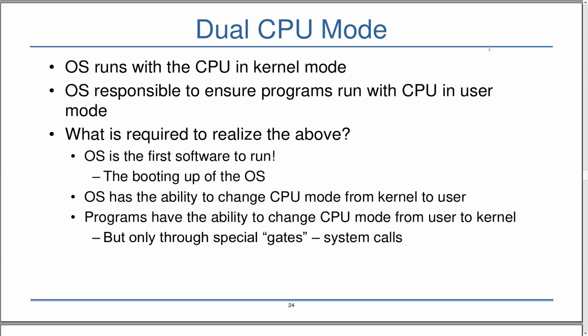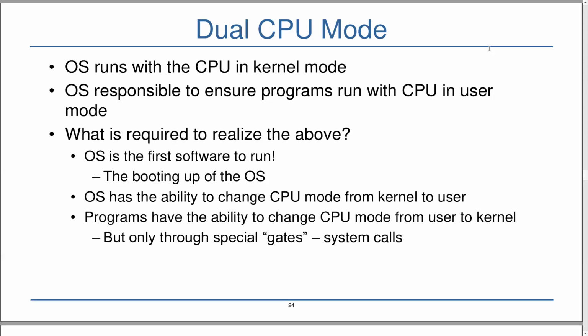From there, you can decide to switch to a certain program, switch to user mode, and jump to a corresponding function. Later, this program may want the OS to do some operation, like read a file from disk. It will issue a system call to the operating system. This is when it switches back to kernel mode.